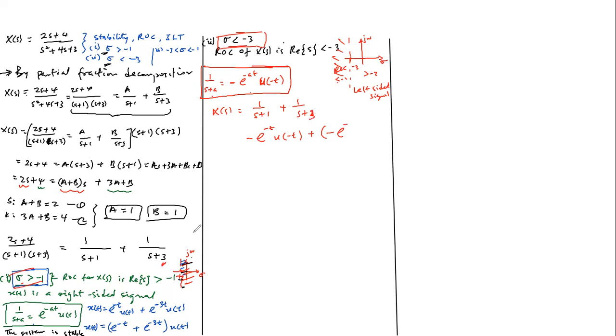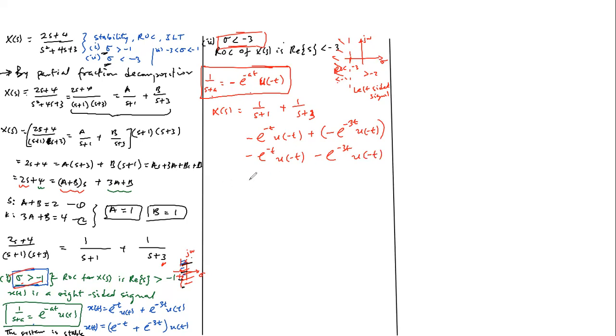3 is 3. So that's a is 3 minus 3t of minus t. So this will give us minus e to the minus t u of minus t minus e to the minus 3t u of minus t.